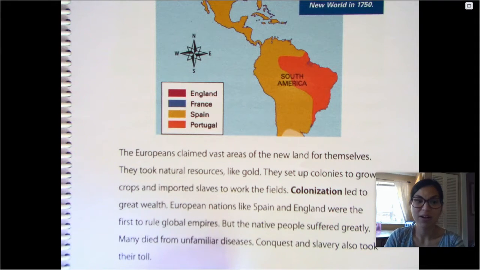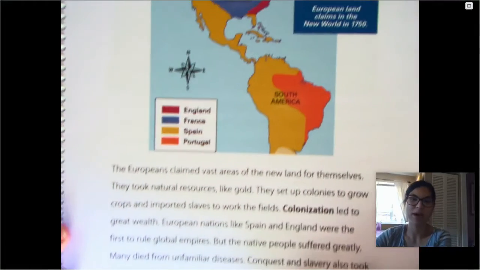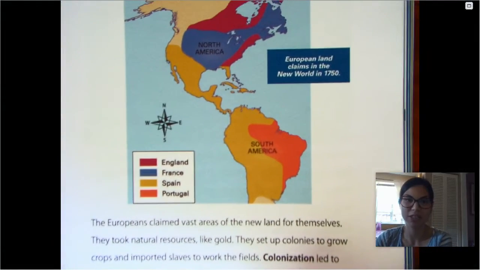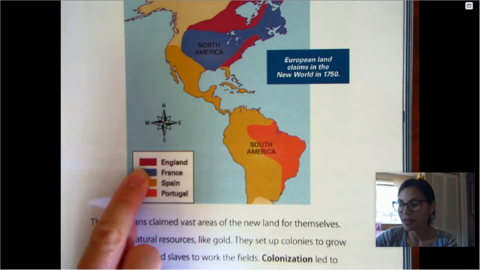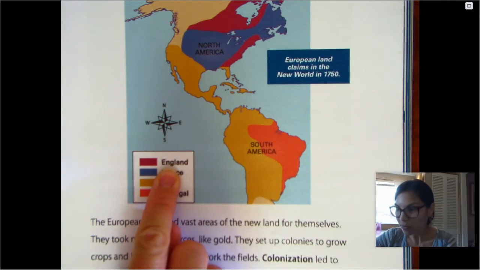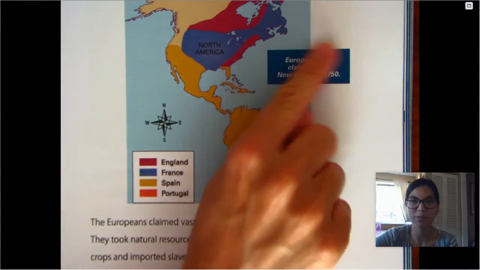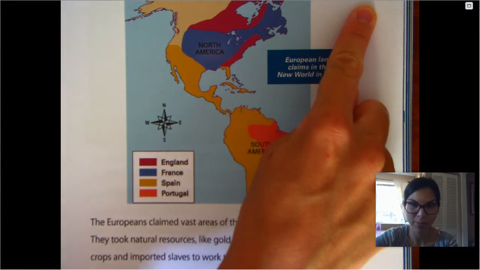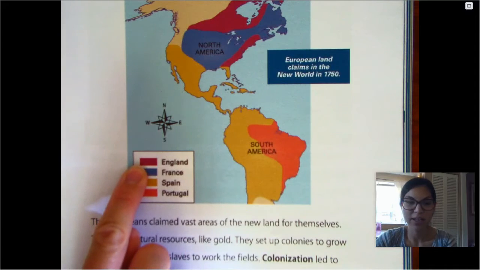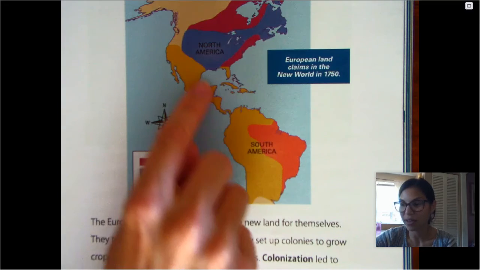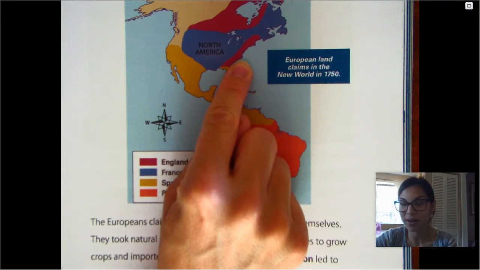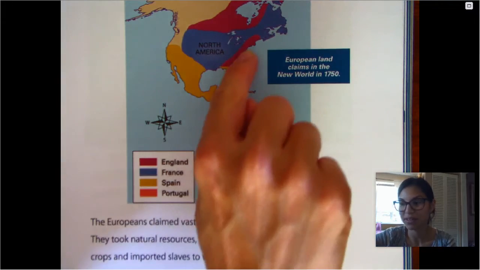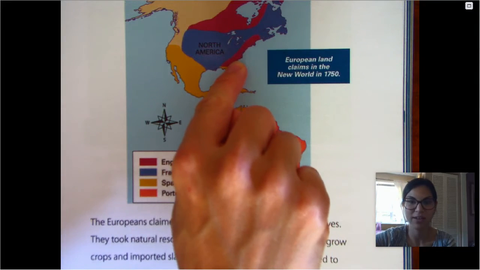All right, so let's look at this map as I go over colonization. If we look at England, which is a country all the way across the Atlantic Ocean, right around here if it were on this map, their color for land claims is this burgundy red color. If we look at our map of North America, we can see that burgundy is all the way across the shoreline here.